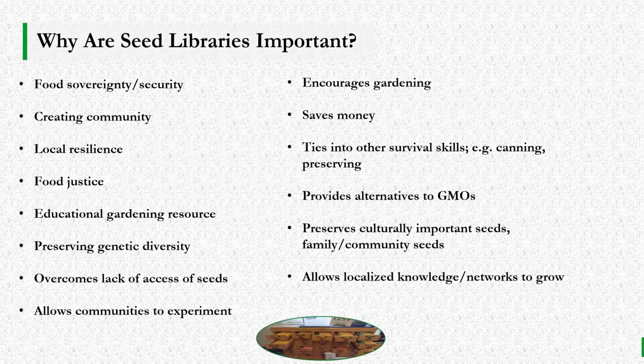Why are seed libraries important? This touches on all of those important community knowledge things, far more than just, oh, I take it, I go home and I garden with it. Food sovereignty and security. This is super crucial. It doesn't matter if you're working at an urban library, a rural library, a suburban library.